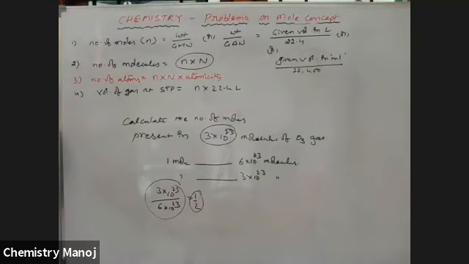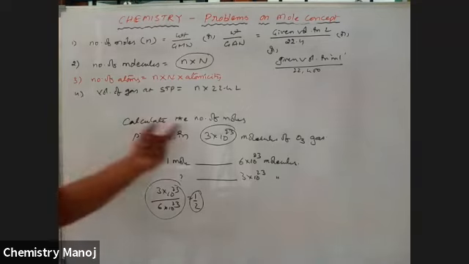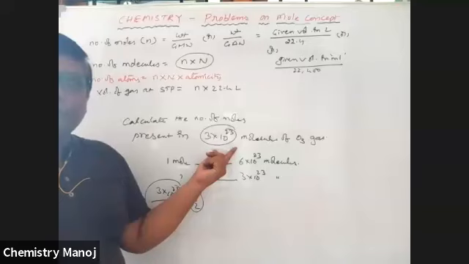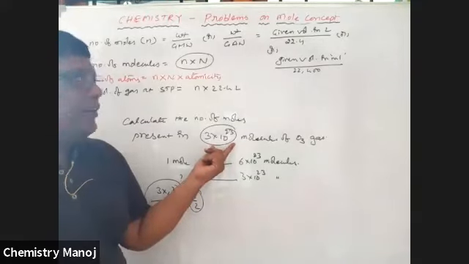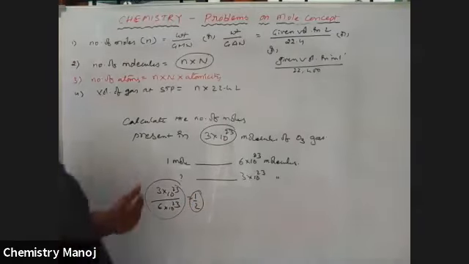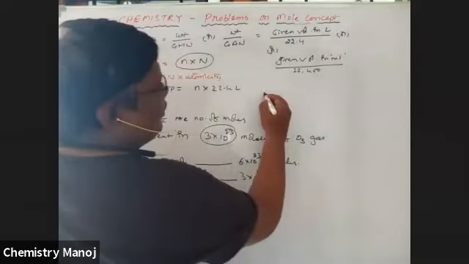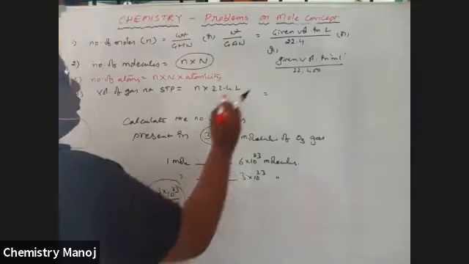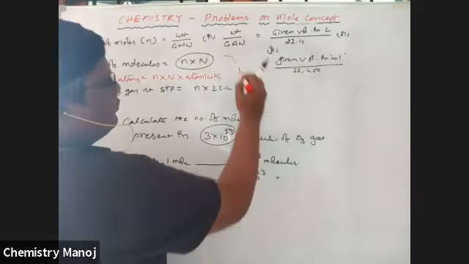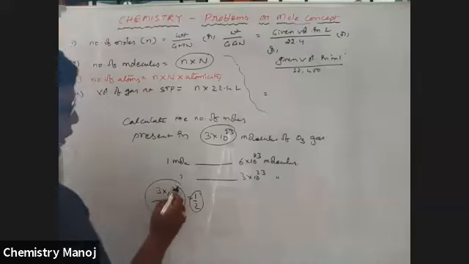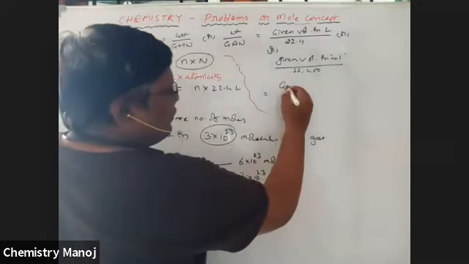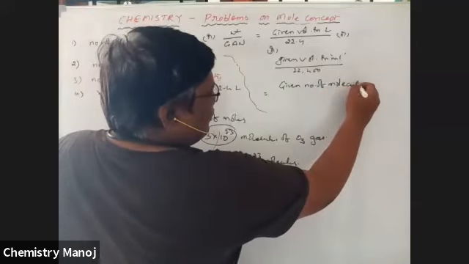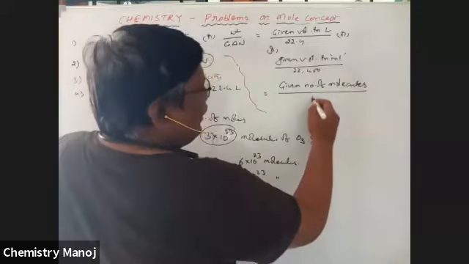This is half mole. So that means if molecules are given to you, my dear boys, the number of moles is calculated by using the formula: number of moles is equal to given number of molecules by Avogadro number.